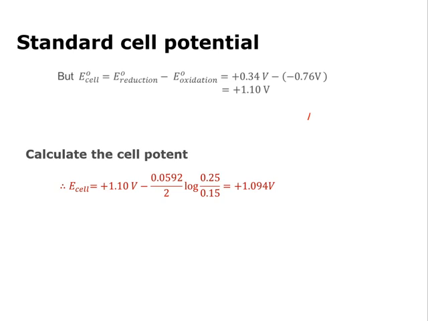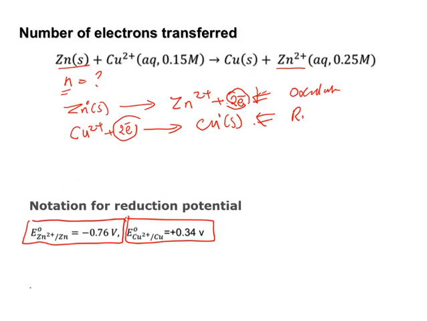All right, standard cell potential. Now, from our previous slide, we calculated standard potential. We know that the standard cell potential is equal to the standard potential for the reduction reaction minus the standard potential for the oxidation reaction. From our previous slide, we understood that zinc is undergoing oxidation.